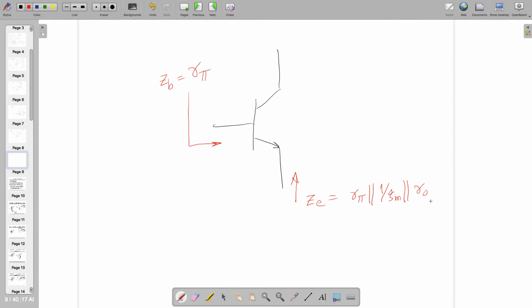R0. But remember that among these three, 1 by Gm is the lowest one, the other two, like this is something in ohms, 100 ohms or 200 ohms, and these two are in kilo ohms. Or you can say this might be something like 500 ohms, if this is 100 ohms, and this is in some 10 to 20 kilo ohms. This is the biggest one. So, can we approximate this to 1 by Gm?